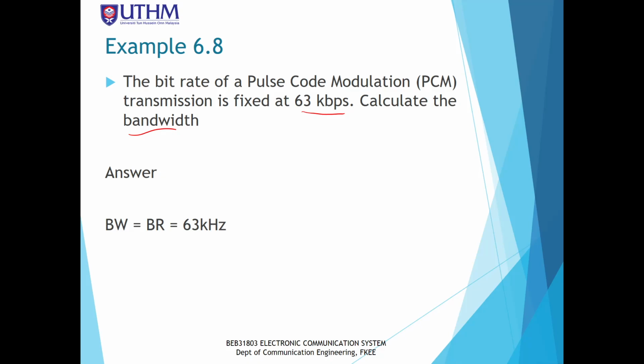So this is just bandwidth of PCM. So as I mentioned earlier, normally when we ask how much is the bandwidth of PCM, the bandwidth of PCM is equal to the magnitude of bit rate. So if the bit rate is 63 kilo, that means bandwidth would be 63 kilohertz.